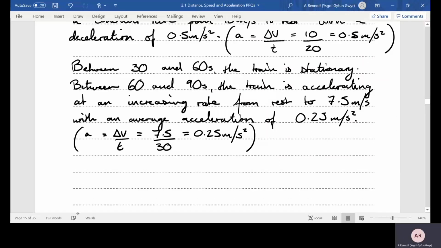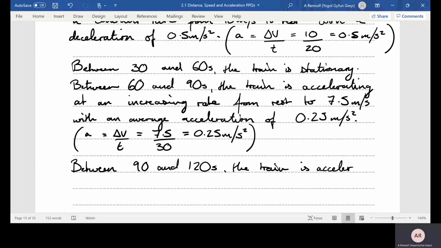And then we've got the final part to look at, which is between 90 and 120 seconds. The train is accelerating at a decreasing rate.